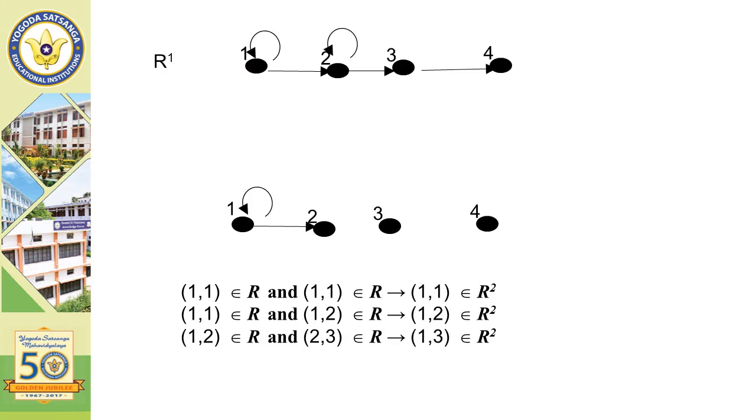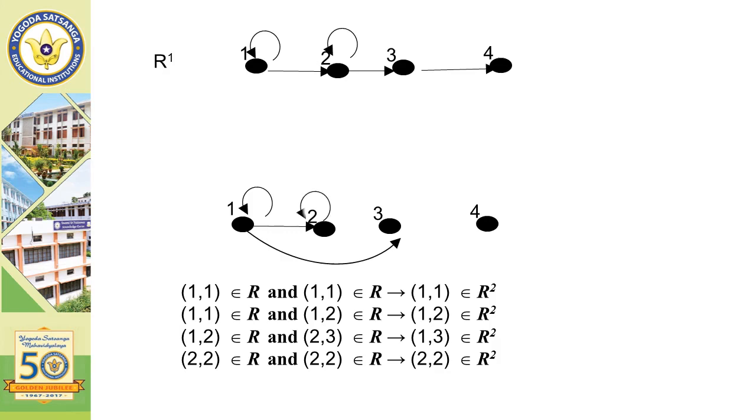Also (1,2) and (2,3) are both present in R, therefore (1,3) is in R square. Similarly, (2,2) belongs to R and (2,2) belongs to R, hence the loop (2,2) will be in R square.